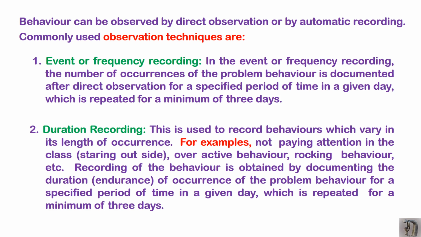If you make the child sit at the window, he may watch outside for 1 hour or 2 hours. That is your duration. It is obtained by documenting the duration of occurrence of that behavior for a specified period in a given day. Again, repeat this for a minimum of 3 days, but you can observe for 6 days for a clear picture.